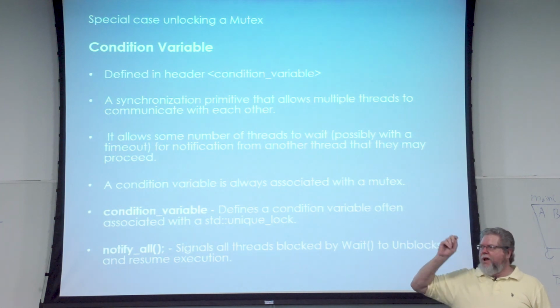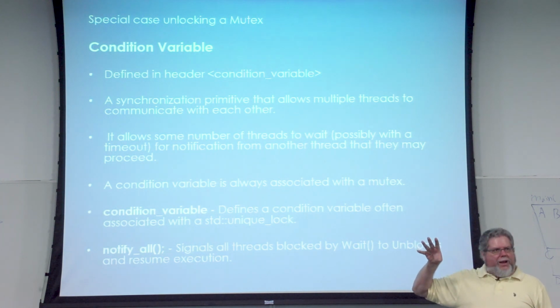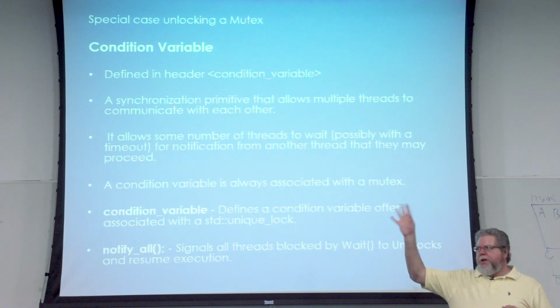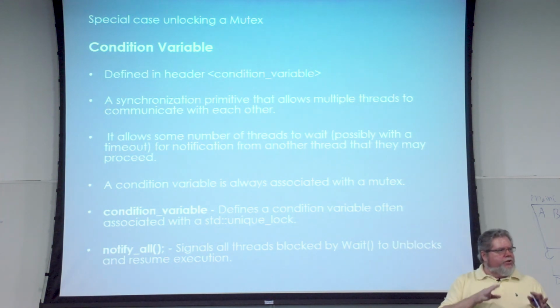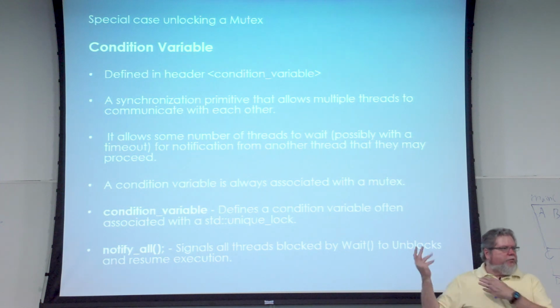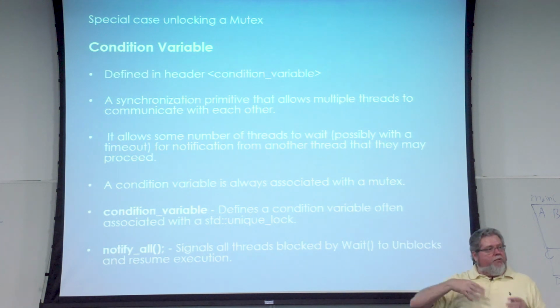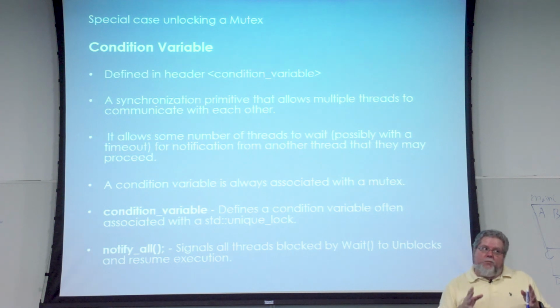Now, real quick, what usually ends up happening is if I have a scenario where I want to wake up a thread, change some things, wake up another thread, change some things, wake up another thread, I put it into a loop and use a notify one. If I just want the threads to come out, notify all. Now, if I get the signal, notify all, I want all the threads to come out, we're still inside the mutex. So they actually can't all come out at the same time.